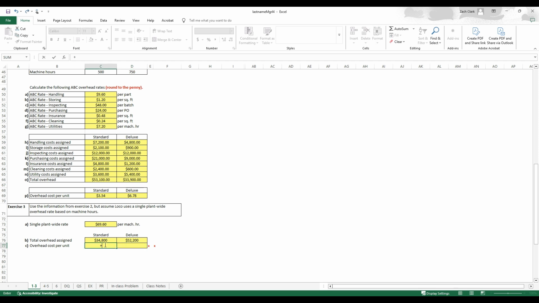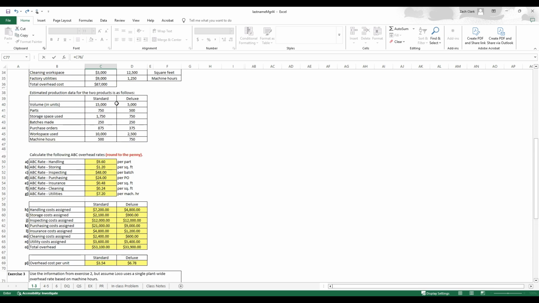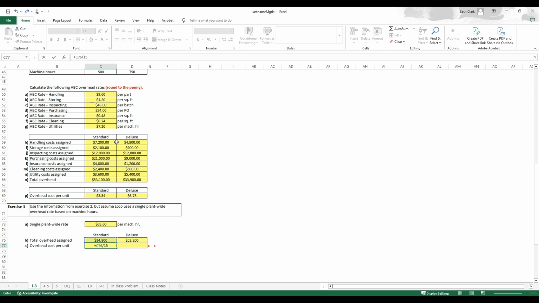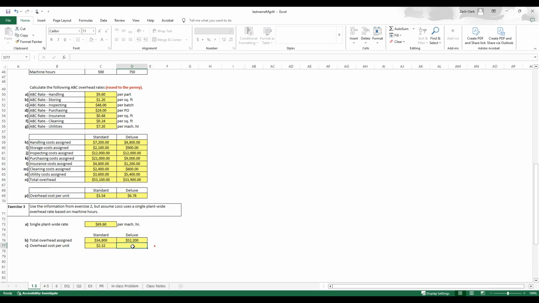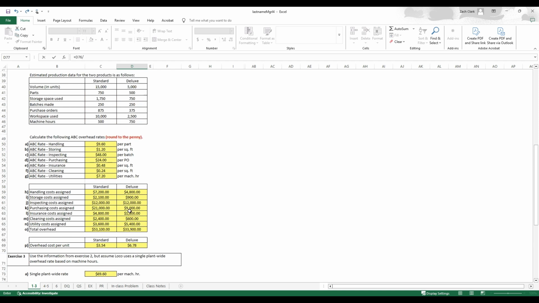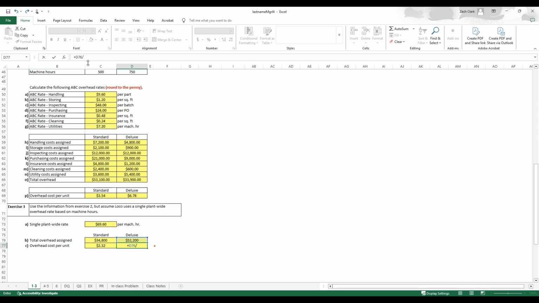And that would be our totals of cost applied just solely based on machine hours, and then dividing that by our total expected 15,000, our total production. Funny. And then again, similar, total production for deluxe of 5,000.